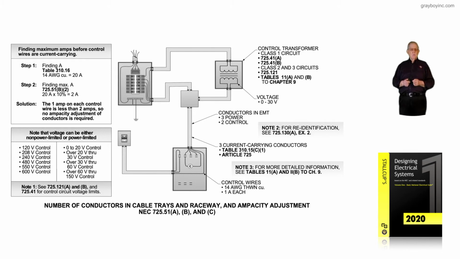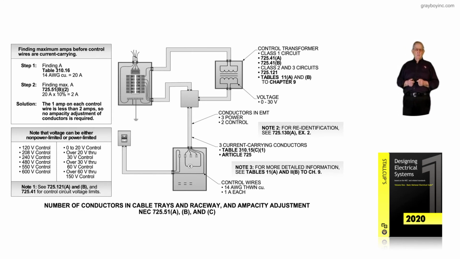And in step 2, we're finding the maximum amps. 725.51B has the 10% rule. So we would take 20 amps, take 10% of it. We're allowed 2 amps that we can use. And notice in the control wire identification, right-hand side of the contactor, the number 14 is only loaded to 1 amp.